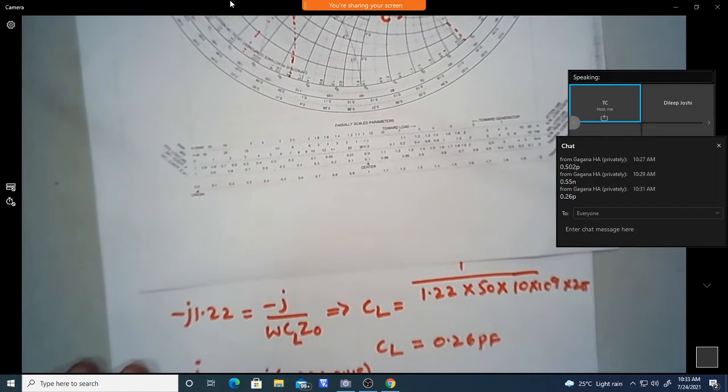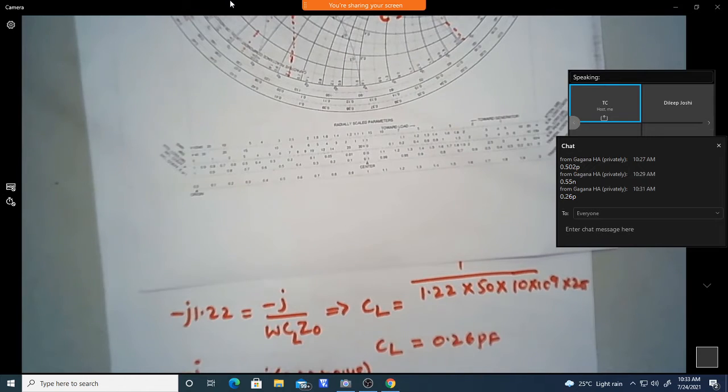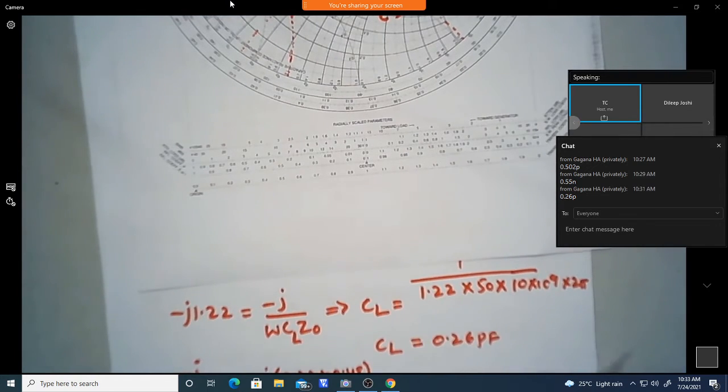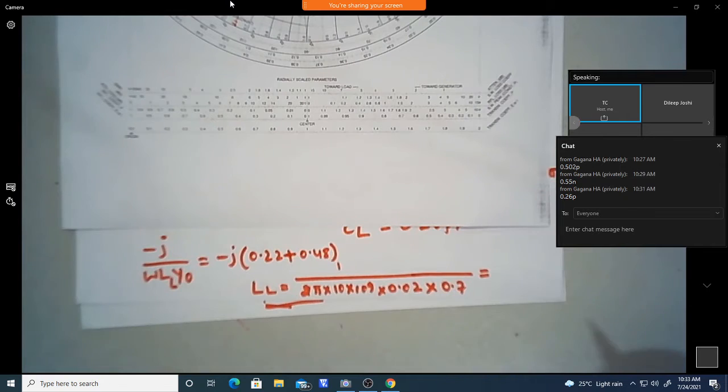So now we can find out this LL. So LL is equal to 1 over 2 pi into 10 into 10 power 9 into Y0, which is 0.02, into the susceptance value, which is equal to 0.7. Okay, so find out the value of L. It is 1 over 2 pi into 10 into 10 power 9 into 0.02 into 0.7.